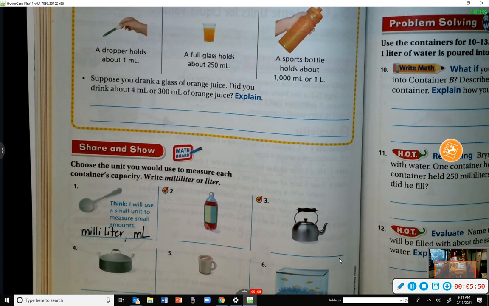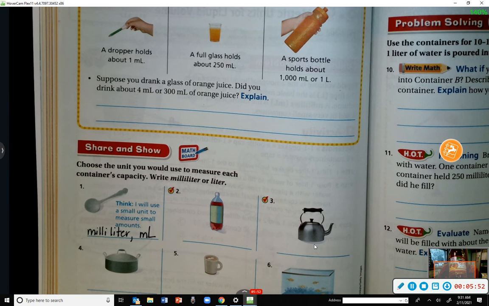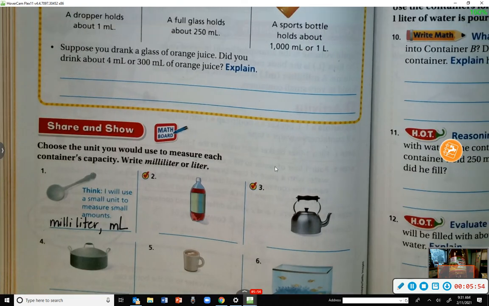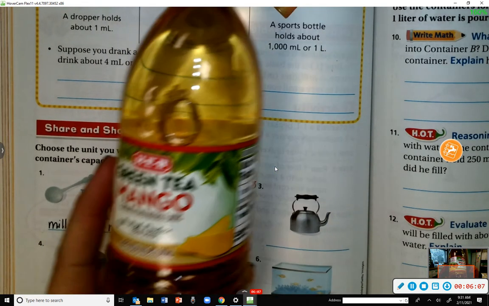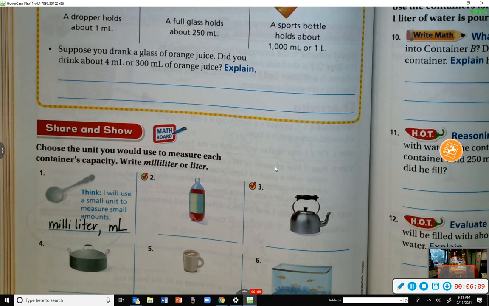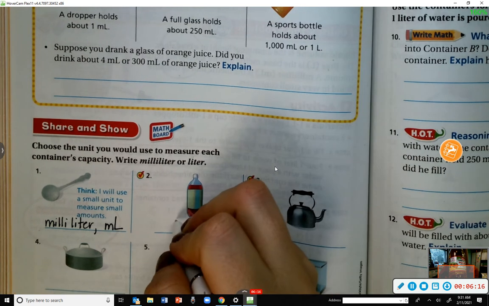Okay, the next one is a soda bottle. What do y'all think? Liter or milliliter? Remember, a liter would be 2 of these. So do you think a soda bottle can hold 2 of these? Yes. Actually, when you go to the store, I think on the bottom it'll say liters. Okay?